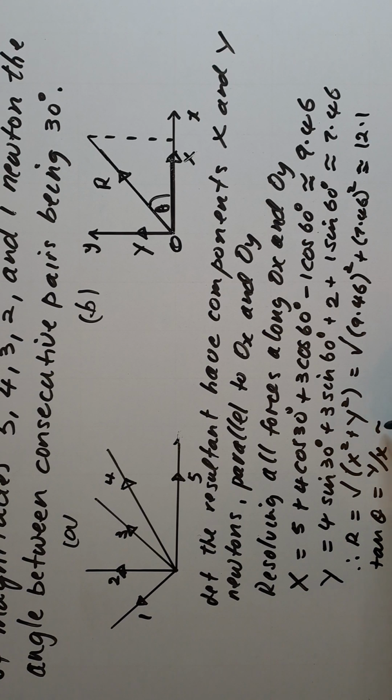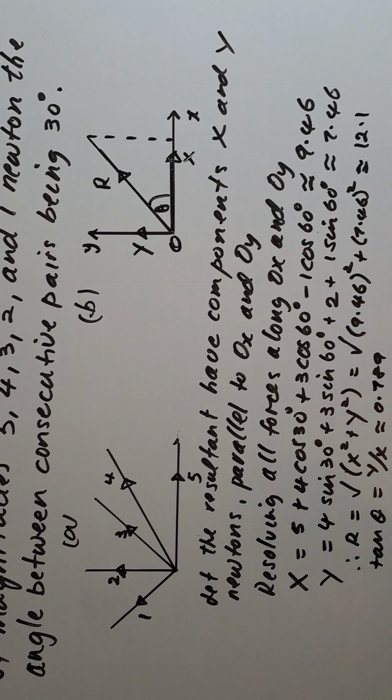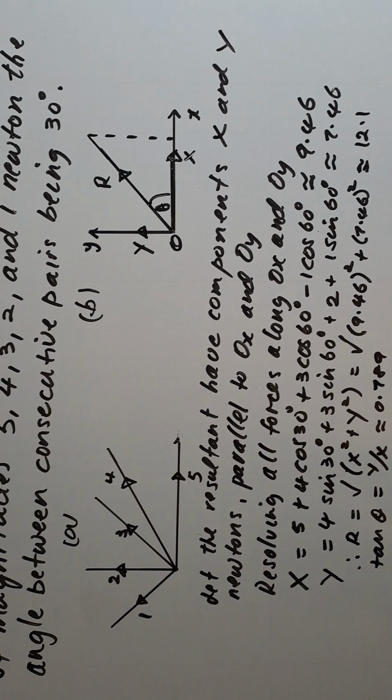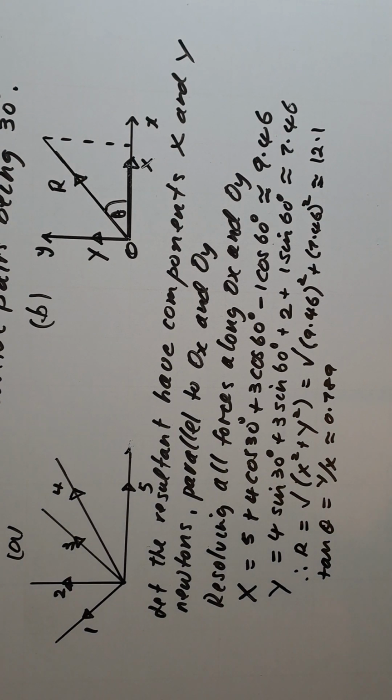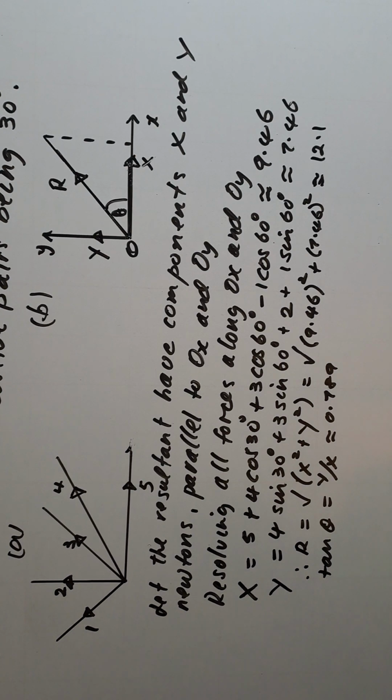And then we have that tan theta is equal to Y over X, which is approximately 7.46 divided by 9.46, approximately 0.789. And it's advisable to write a conclusion at the end of every problem that you've solved.